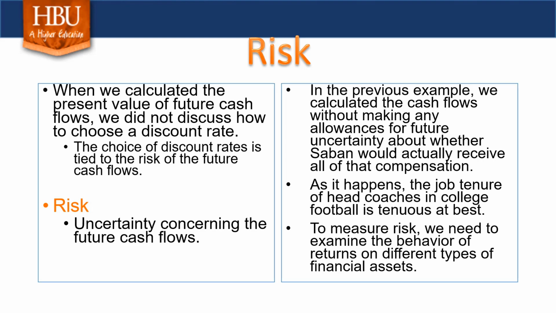In the previous example with Nick Saban, we calculated the cash flows without making any allowances for future uncertainty about whether Saban would actually receive that compensation. So let's just think about this. The jobs of college football coaches are tenuous at best. So to measure risk, we need to examine the behavior of returns on different types of financial assets.